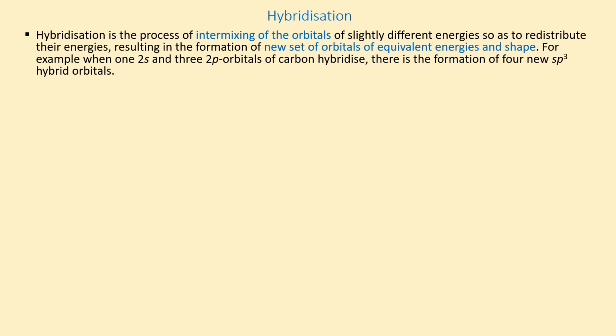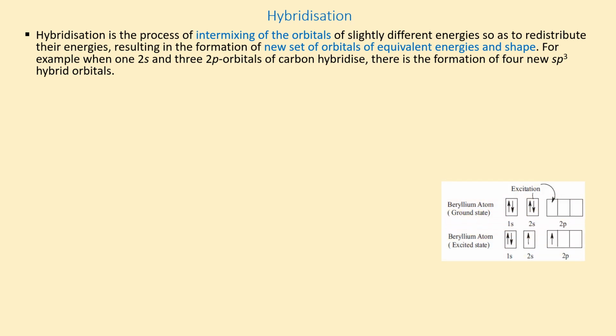So hybridization is the process of intermixing of orbitals of slightly different energies so as to redistribute their energies, resulting in the formation of a new set of orbitals of equivalent energies and shape. For example, when one 2s and three 2p orbitals of carbon hybridize, there is formation of four new sp3 hybrid orbitals.